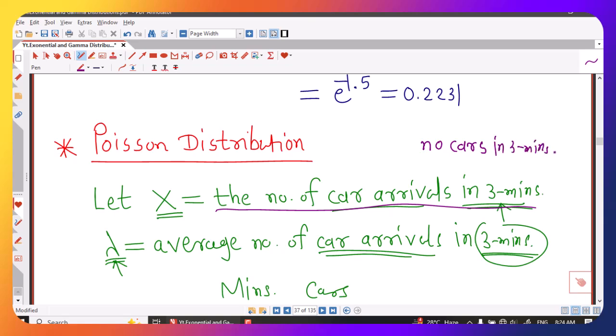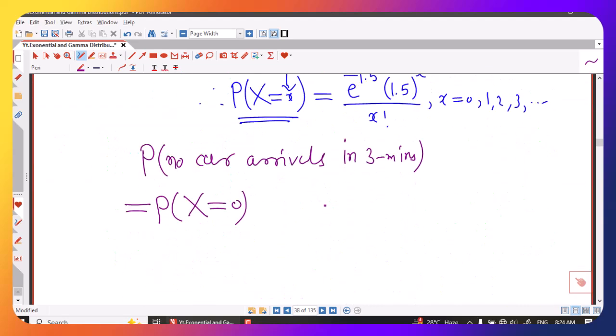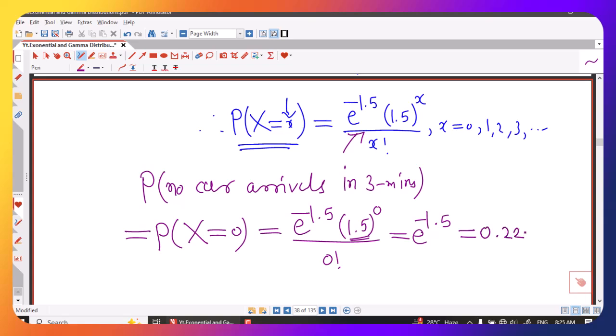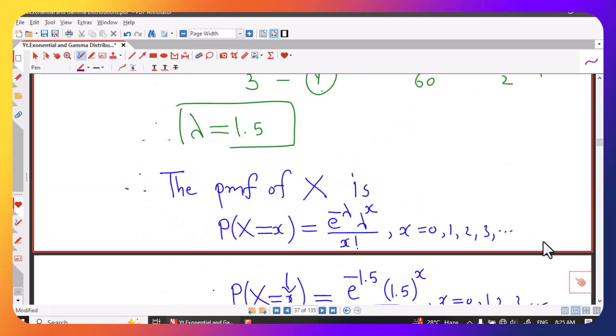That means capital X is equal to 0. So we have to put x equal to 0 in this formula. So we have e raised to minus 1.5, 1.5 to the power 0, divided by 0 factorial. 0 factorial is 1. This is also 1, and we obtain e raised to minus 1.5, and this is equal to 0.2231 using a scientific calculator.